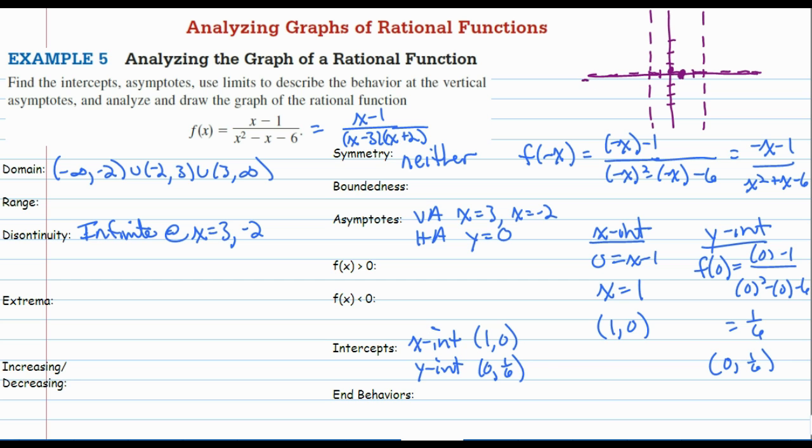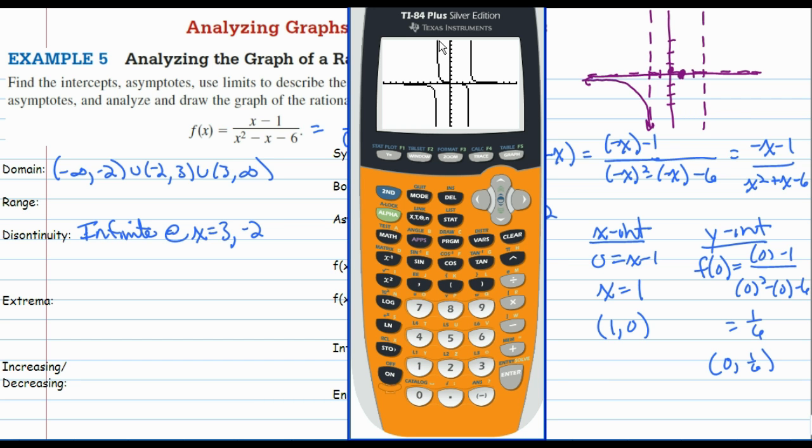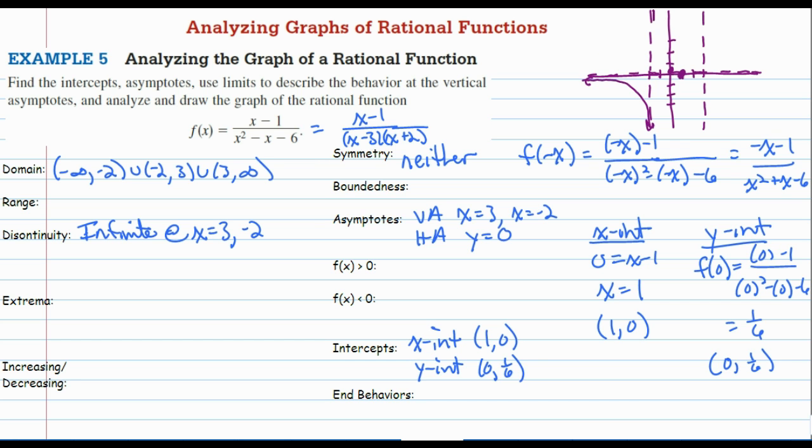The first piece of this function is going to come away from the horizontal asymptote at y equals 0 and then approach the vertical asymptote at x equals negative 2. The next piece, by looking at my calculator, is all decreasing, so that's going to come down from positive infinity at the vertical asymptote x equals negative 2, hit the y-intercept, hit the x-intercept, and then approach the other vertical asymptote at x equals 3.